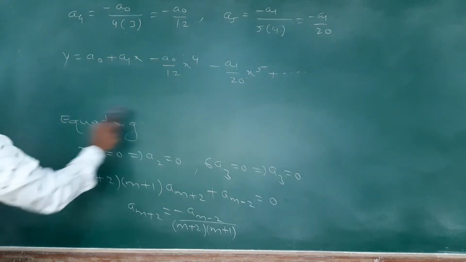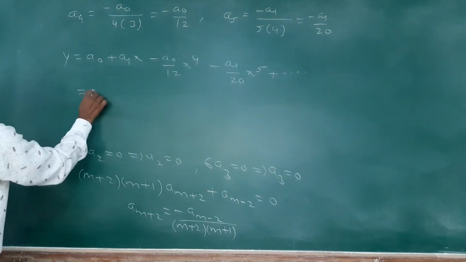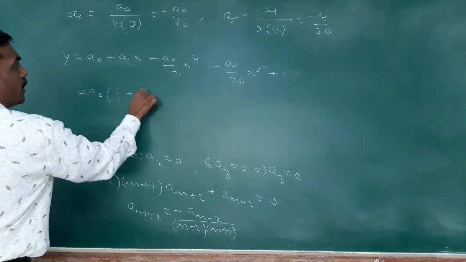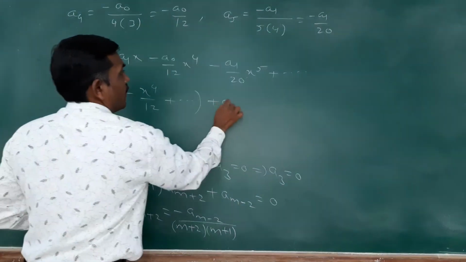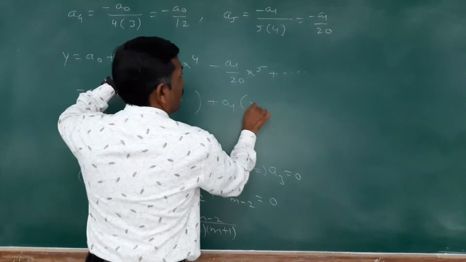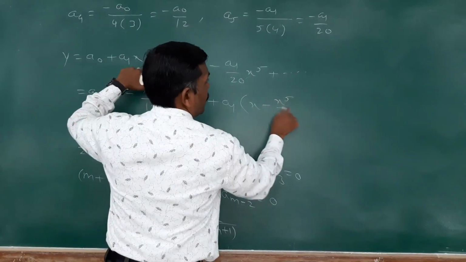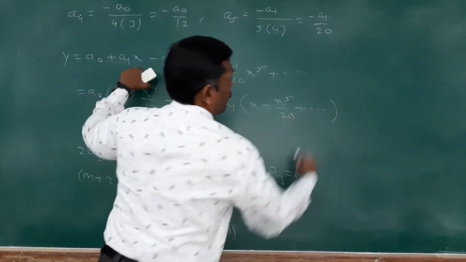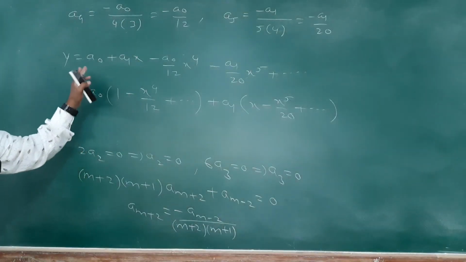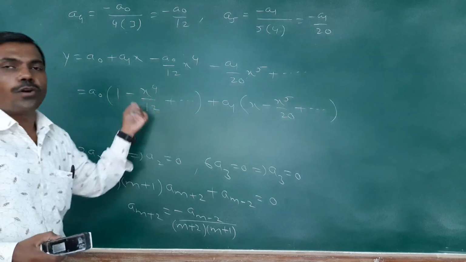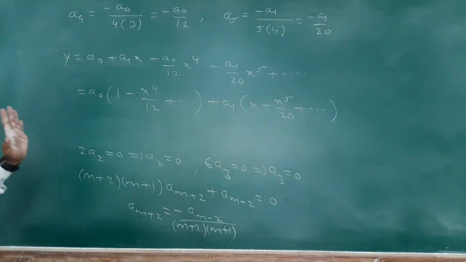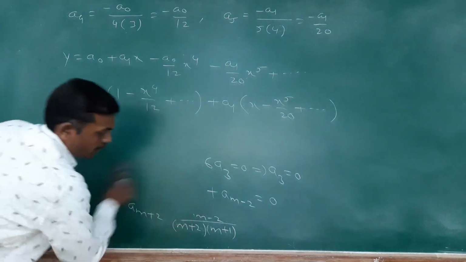Now separate here: a0 in bracket 1 minus x raised to 4 upon 12 plus, plus a1 in bracket x minus x raised to 5 upon 20 plus and so on. Right? So this is your answer. y is equal to a0 into this, we call phi of x, and a1 into that, psi of x. Okay? So we complete our example here.